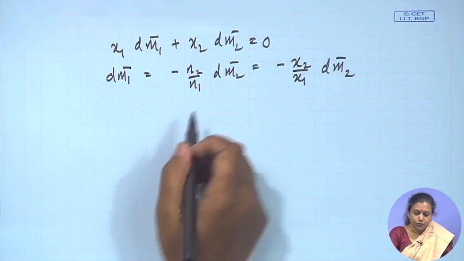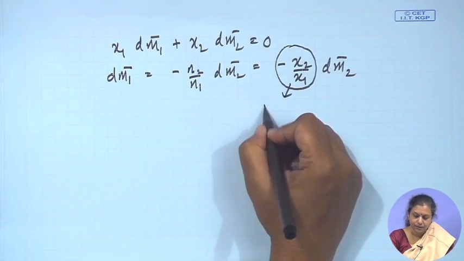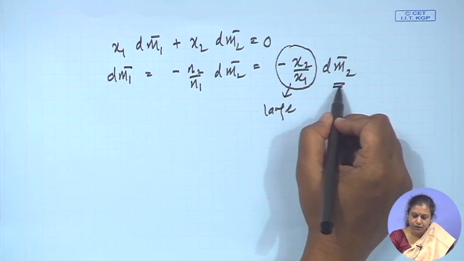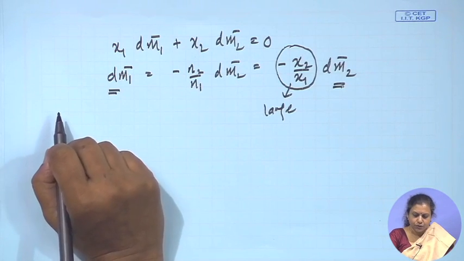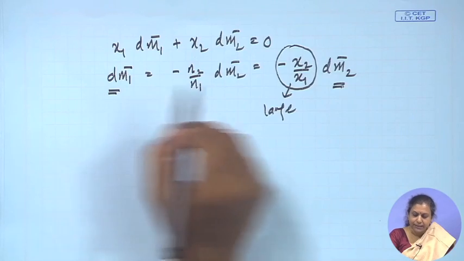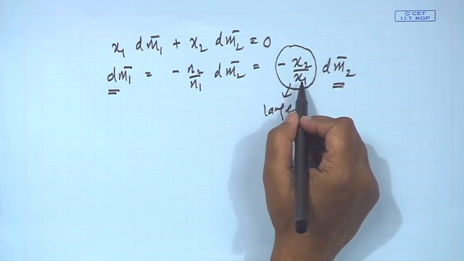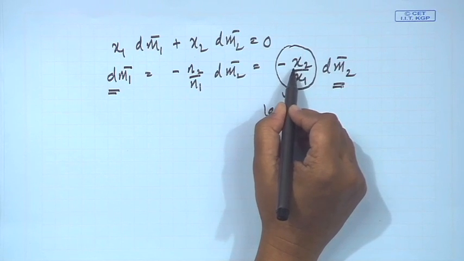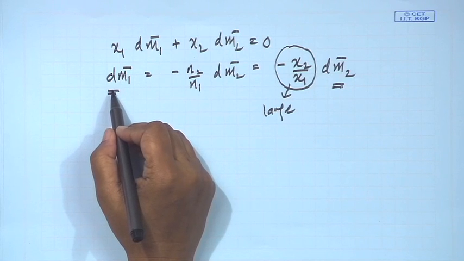So, from this what do we find? We find that if x2 by x1 is large, then a small change in this will correspond to a large change in this, number 1. So, we find that the changes in the partial molar properties are not independent, they are dependent upon the mole fractions. So, if I have a large proportion of x2, then a small change in dm2 is going to bring a large change in dm1.